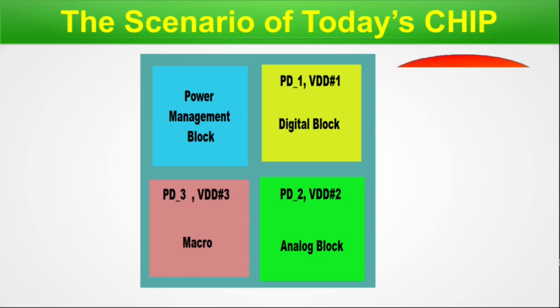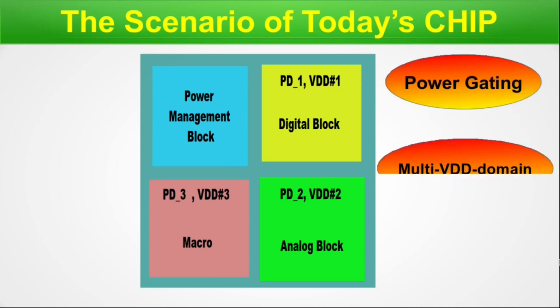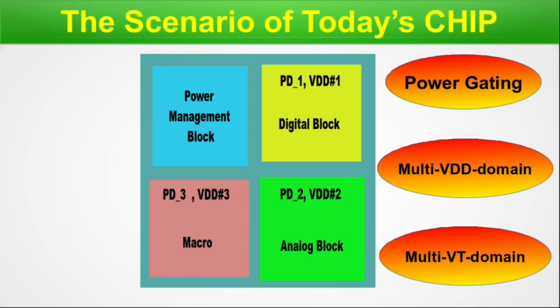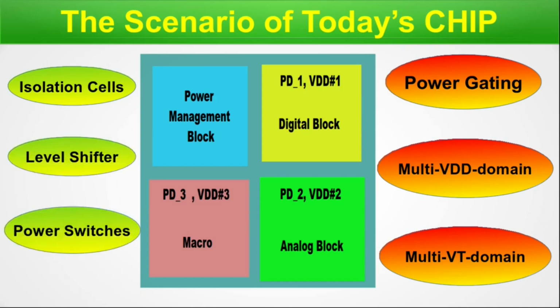In addition, there could be multiple factors like power gating, multi-VDD domain, and multi-VT domain, a different threshold voltage domain, inside the chip, as well as different cells which come with the standard cell package, like isolation cells, level shifters, and power switches. So these concepts are all interwoven with UPF.